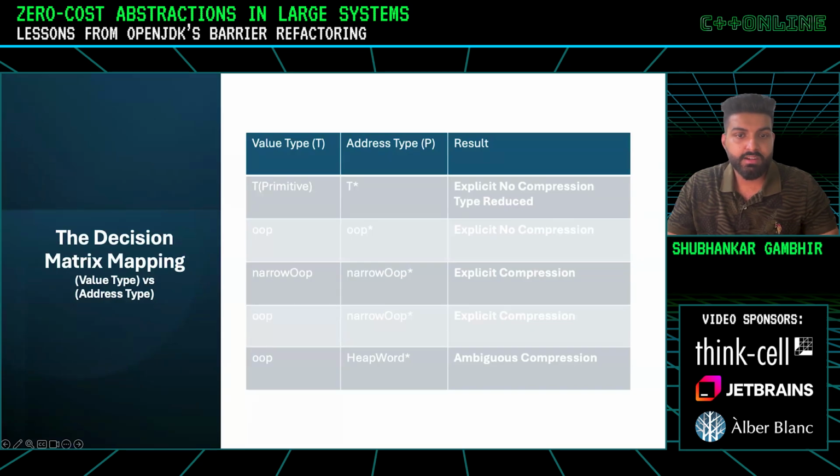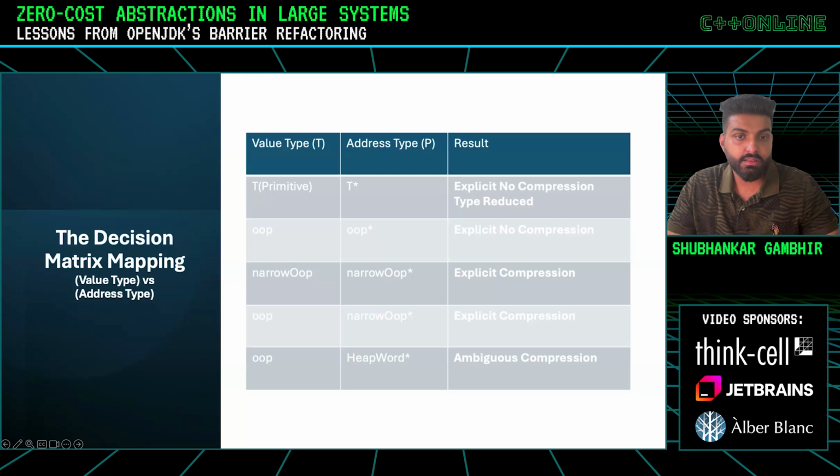Let's talk about that strict type reduction first. Back in step 1, the signature was store T* address, T2 type value. That is dangerous. If we pass that all the way down, the C++ compiler might allow a developer to implicitly cast an int to a float star or accidentally store an oop into an int star address.